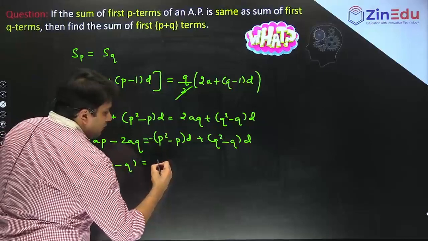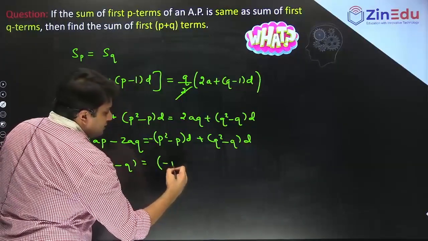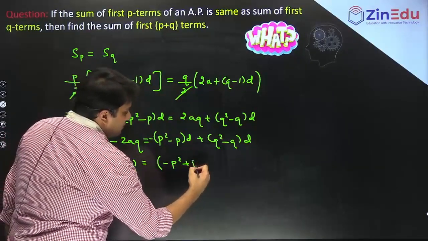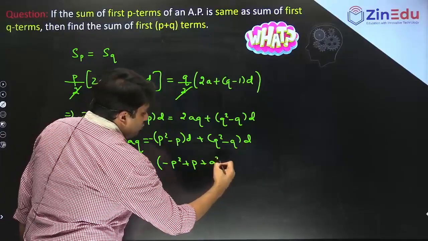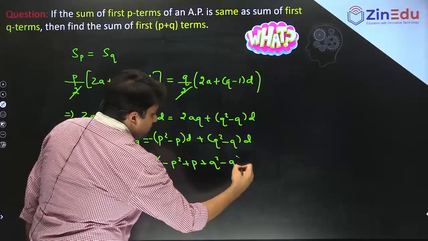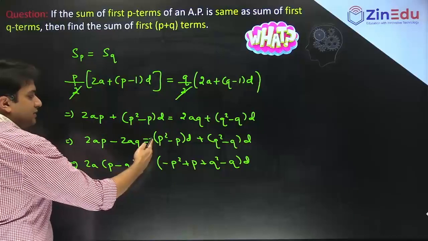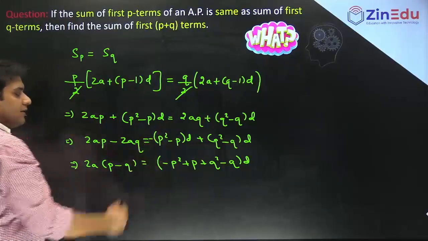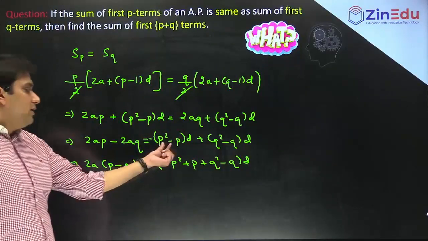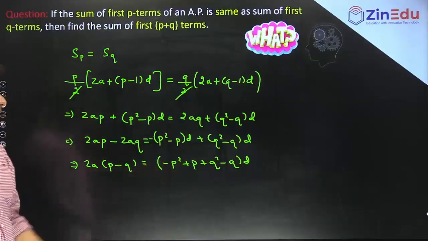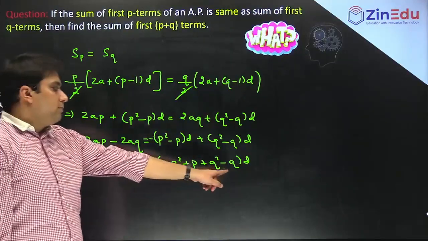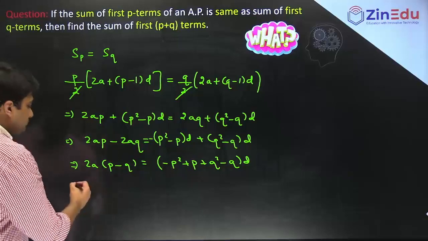Okay, so now we have minus p square plus p plus q square minus q into d with us. This minus sign gets multiplied inside, so we will have minus p square, this minus and minus becomes plus p into d, plus q square minus q into d.